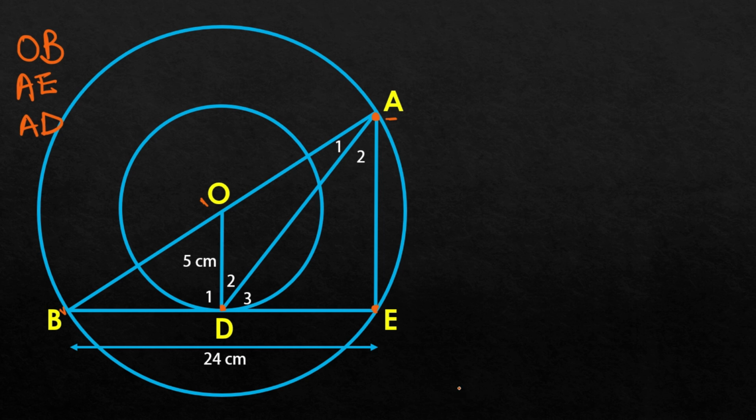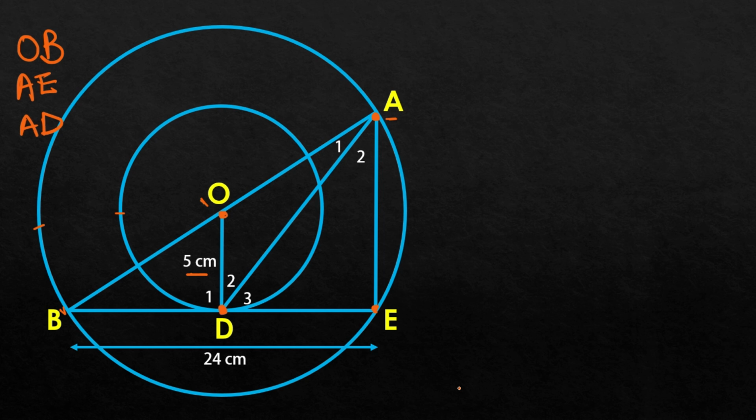So when we pay attention to the diagram that we have, you will notice that we have got two circles, the inner circle and also the outer circle. We also notice that we have got OD, which is the radius of the inner circle, and we are given that it is equal to 5 centimeters.